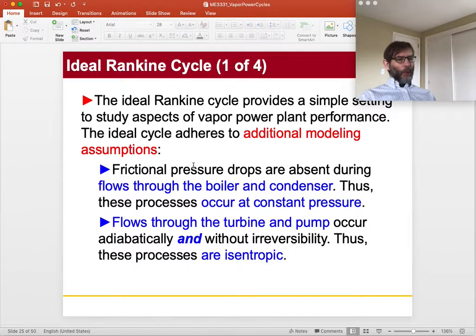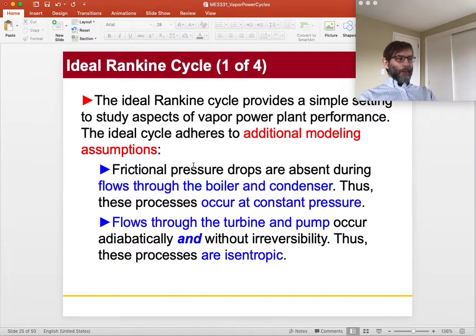Now, a typical boiler in a power plant has almost a mile of tubing that the water flows through as it boils, like coils going up through the firebox. So this is definitely not true. There's always pressure drop in those lines, but ideally we say no pressure drop. So the pressure stays the same through the boiler and through the condenser.